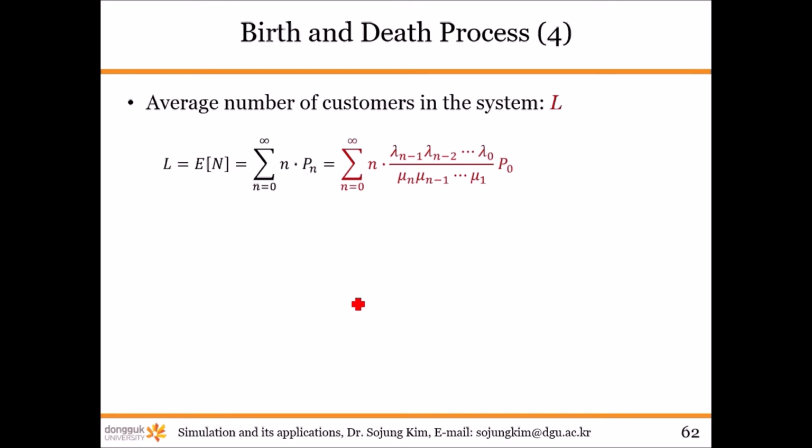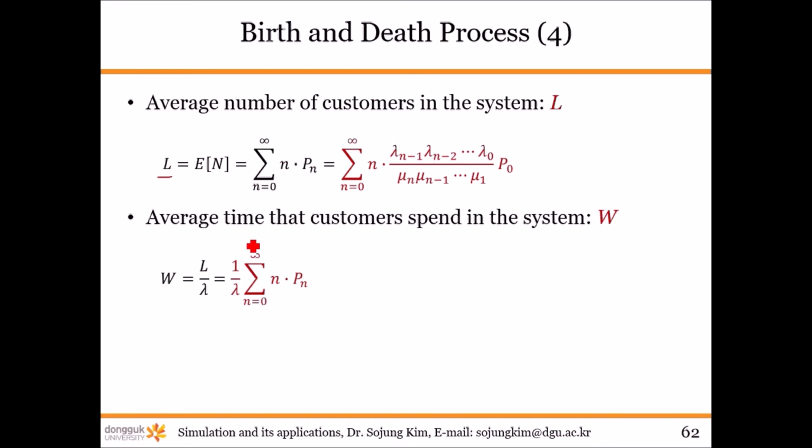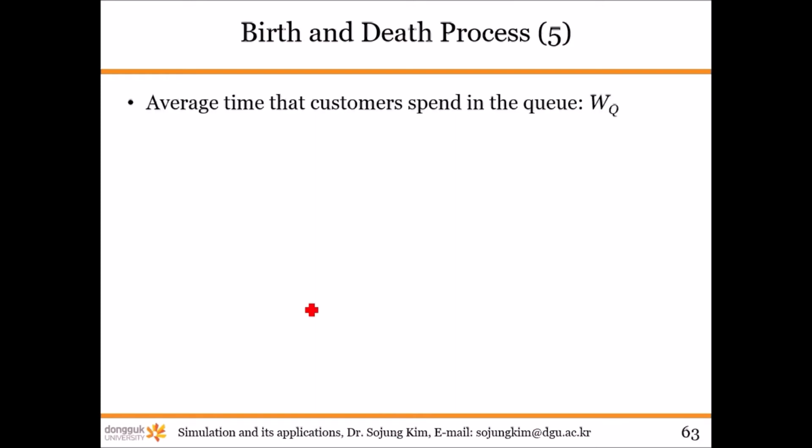So by using that one, you can calculate the average number of customers in the system and the average time the customer spends in the system, W, right? Once you have this, by using Little's formula, you can get the W value. And then the average time the customer spends in the queue. As you know, W is the summation of WS and WQ, right?